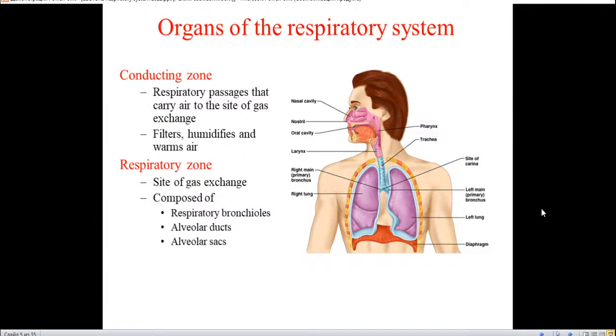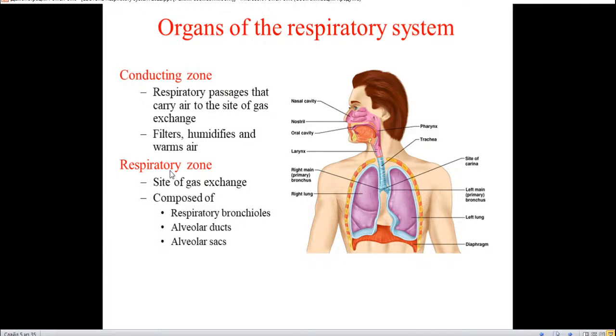So the organs of the conducting zone start from the nasal cavity, then nasopharynx, then larynx, trachea, bronchi, and some parts of the bronchial tree till the respiratory zone organs, which are the place of gas exchange.